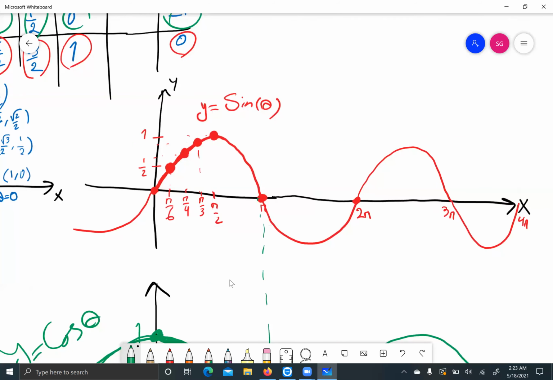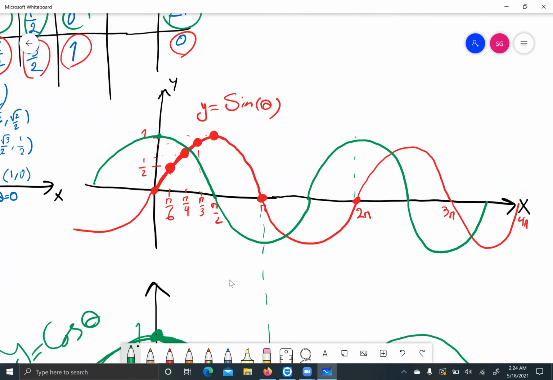So here the red curve is sine. I'm going to draw cosine in the same coordinate. So cosine is like this. Cosine goes this way, and then this way, and then this way, and then this way, and so on.